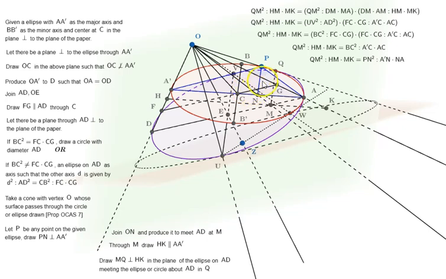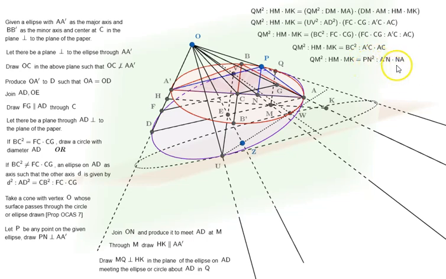So here you have PN square is to A prime N times NA, and they both are on the same semicircle, BC and PN. That means they will be in the same ratio. So BC square is to A prime C times AC, and PN square is to A prime N times NA will be the same ratio.